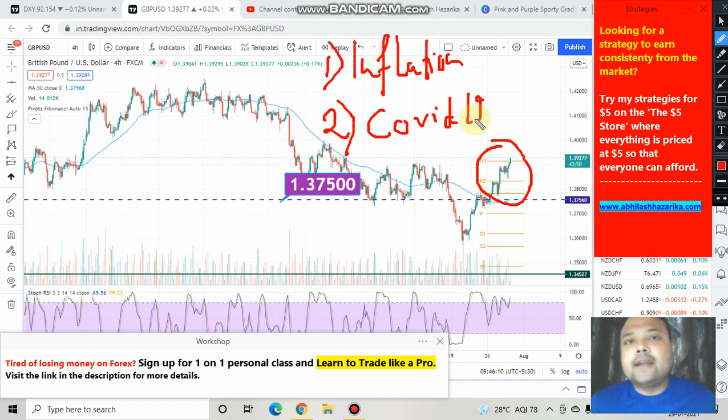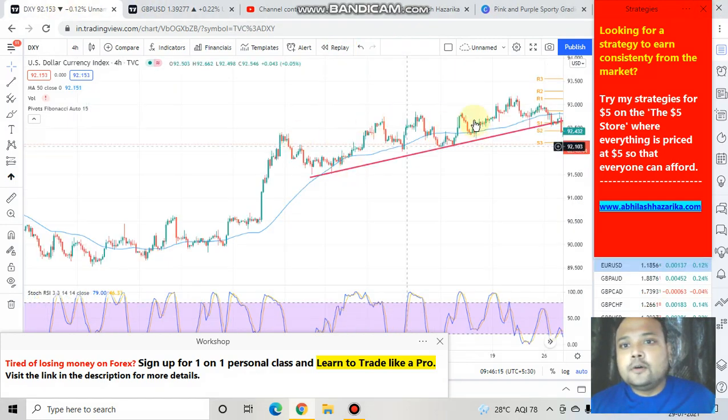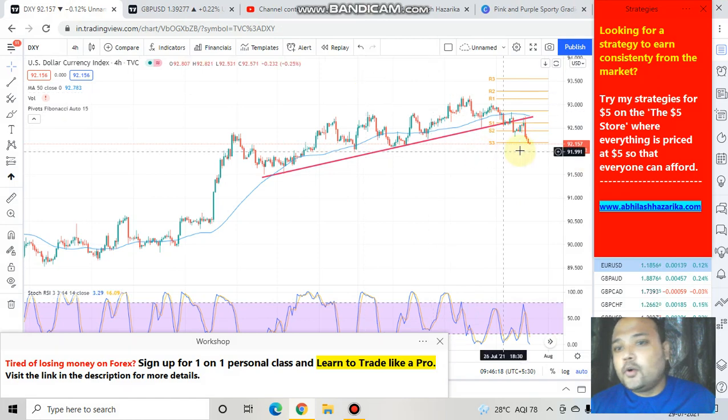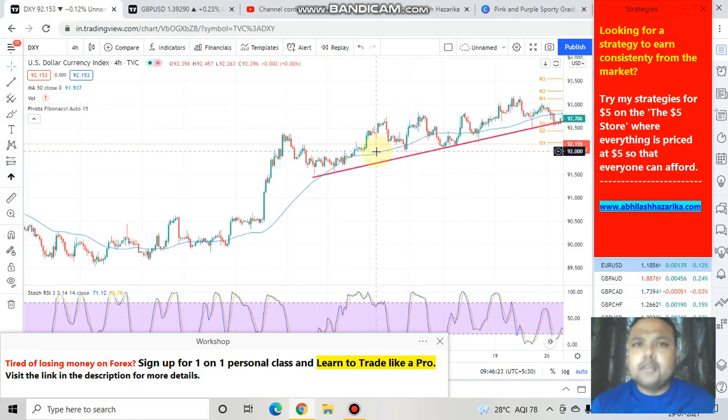So these two factors had a direct impact on the price of the US dollar, and as a result we saw the dollar going down. Previously the chart of the US dollar was in a bullish uptrend, taking support at the trend line.